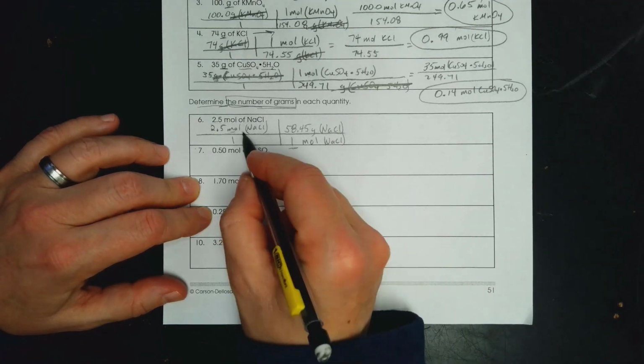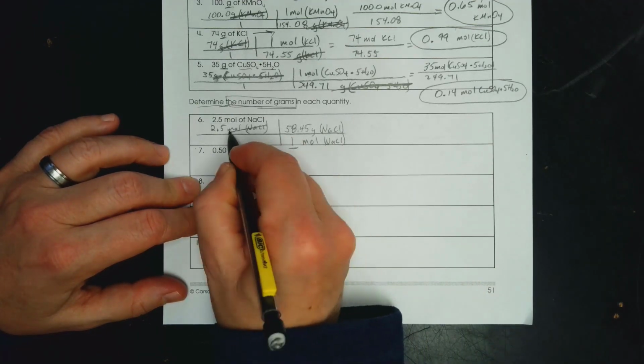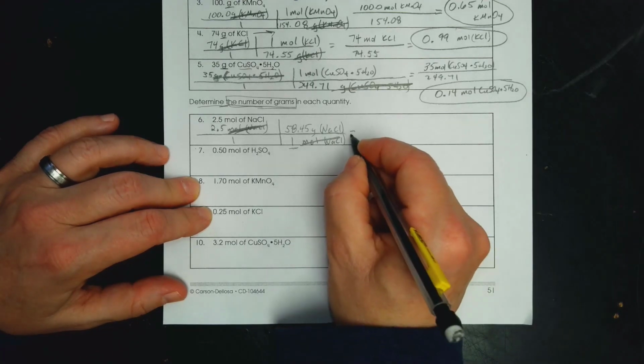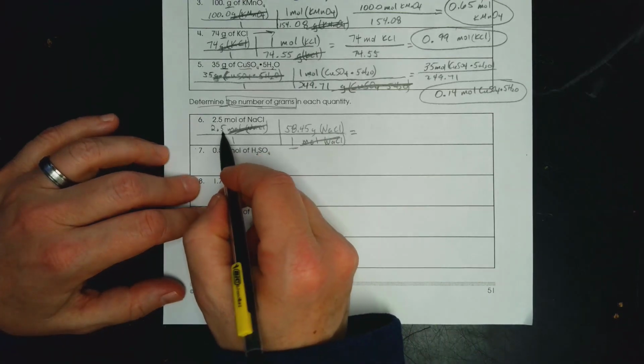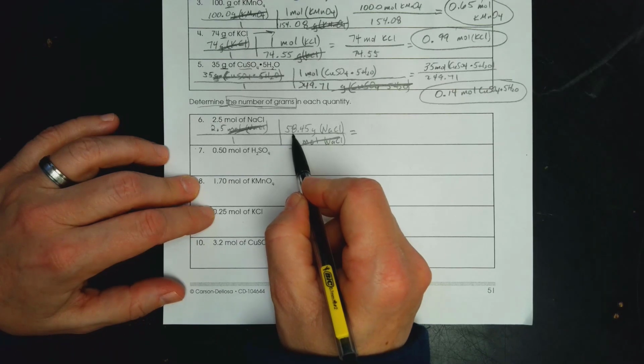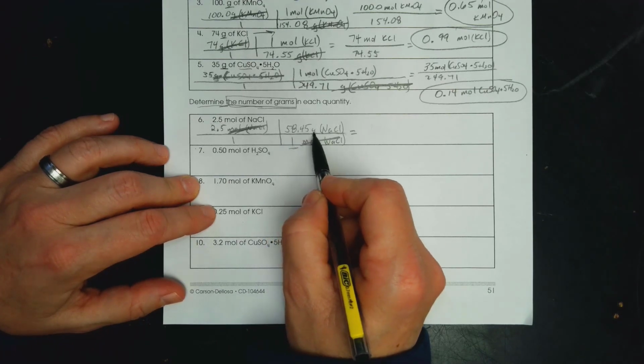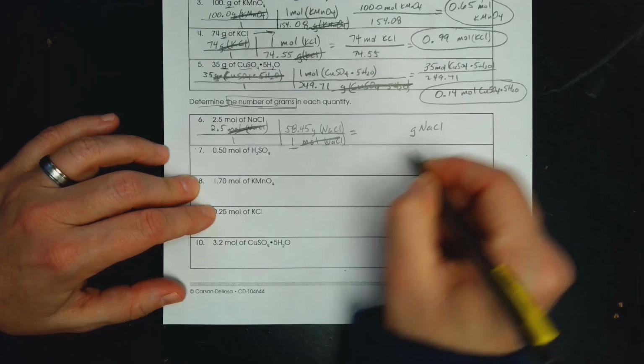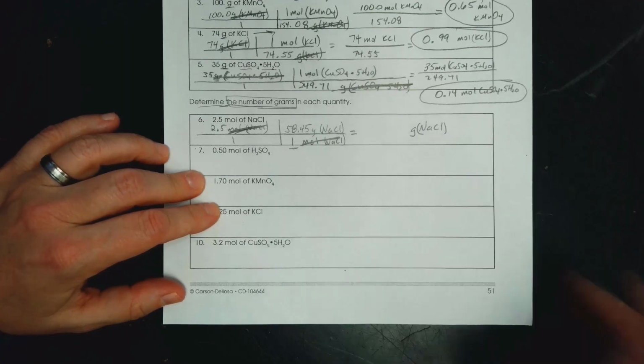And now I can go through and cancel my units of NaCl, so moles of NaCl, moles of NaCl, and now it's just a matter of multiplying 2.5 times 58.45 grams of NaCl. I'm just going to write that there so I have my unit nice and ready for me, and I'm just going to do a little math.